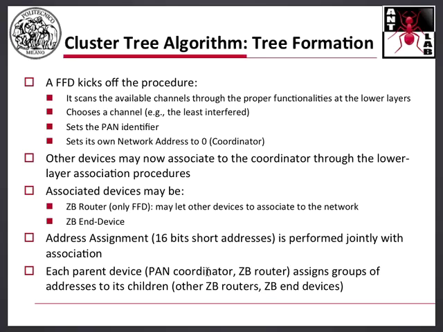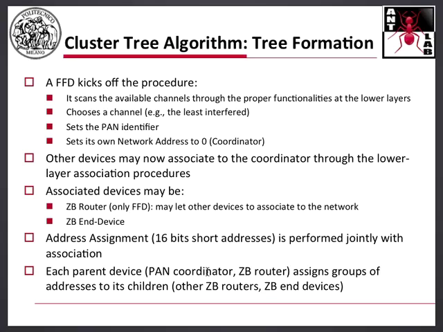Address assignment. Once a new node is associated to the network, which means after a new node has completed the association procedure with the PAN coordinator or ZigBee router, the ZigBee coordinator assigns, at the same time as the association procedure, a ZigBee address to this node, and ZigBee addresses are 16 bit short addresses.